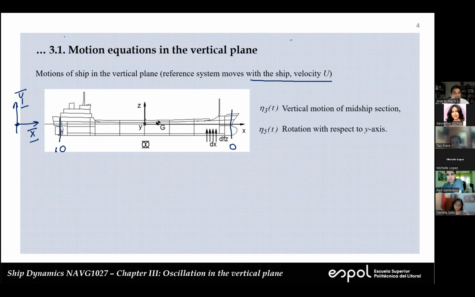Okay, so if you apply the right-hand rule, okay, your thumb points in the y direction, and so the positive rotation in the y direction is like this. So this is a positive eta 5. And of course, this is a positive eta 3. Okay? We have to be careful with that.